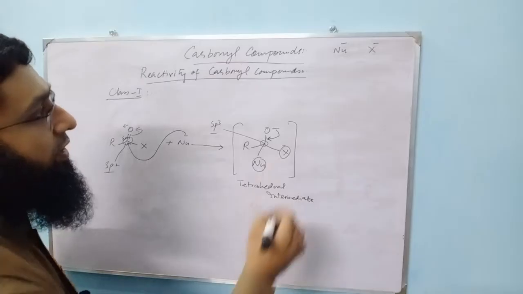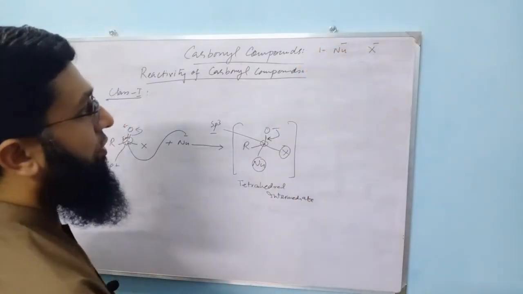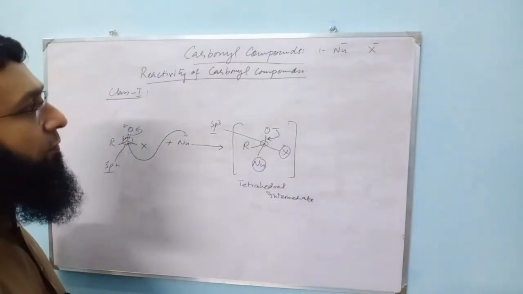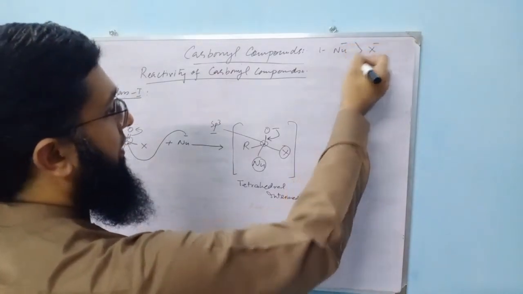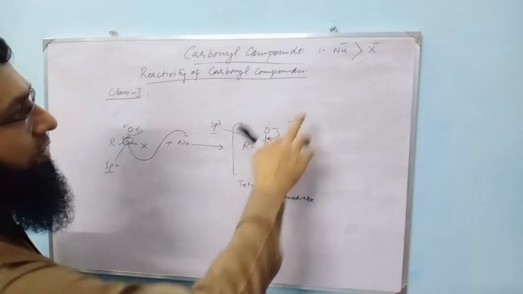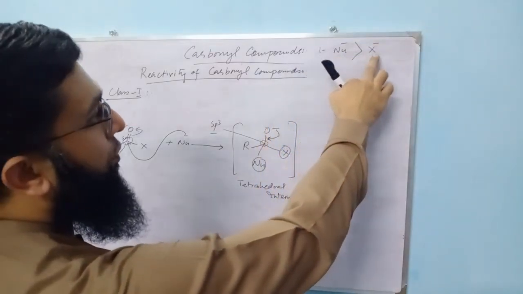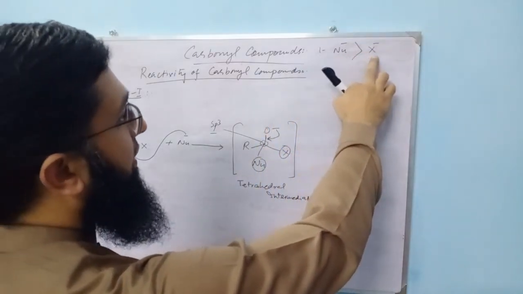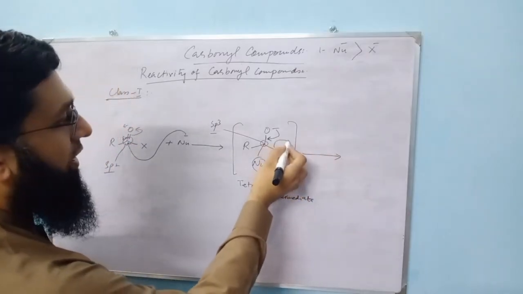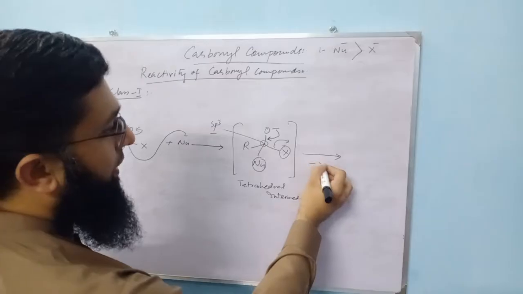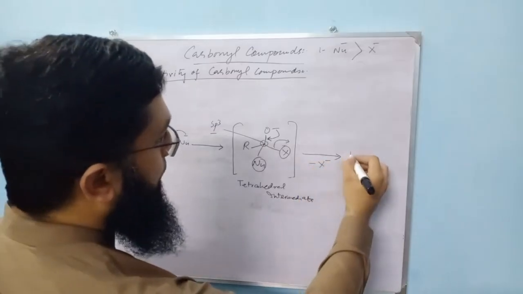So the first condition would be: if the incoming nucleophile is more basic than the existing group, so in this case if the nucleophile is more basic than X, as a result X would be eliminated because it is a poor base and good leaving group.